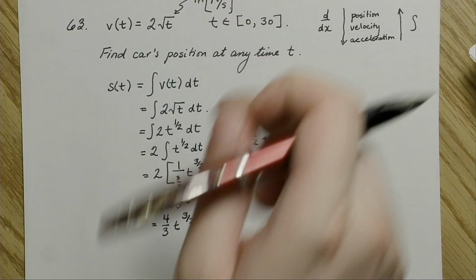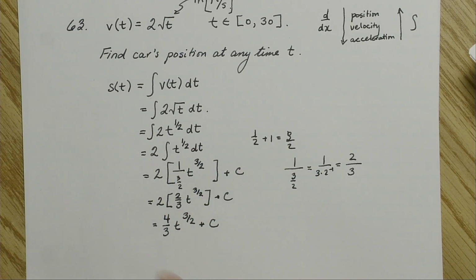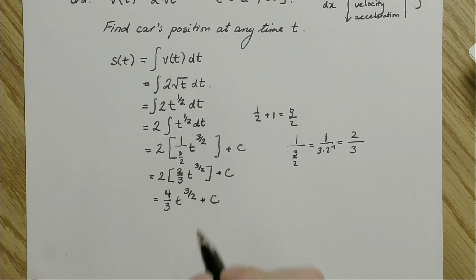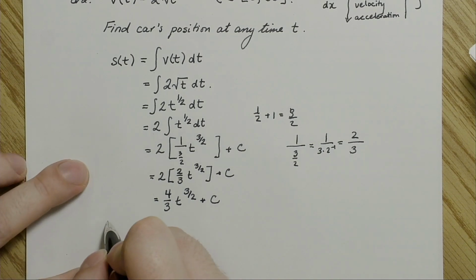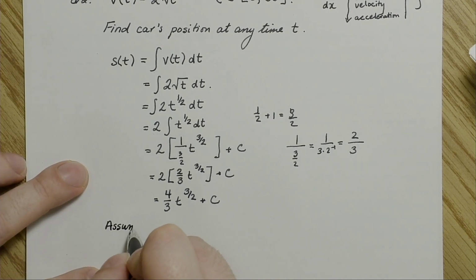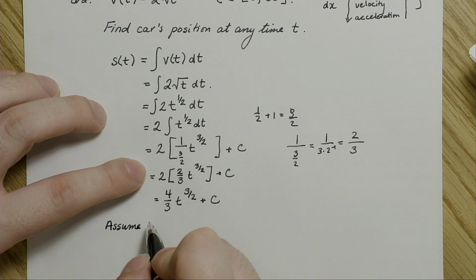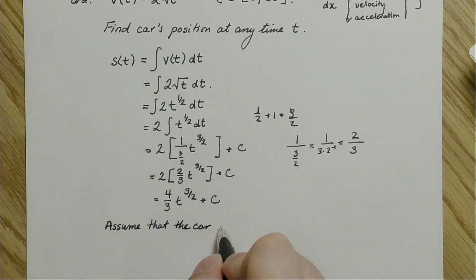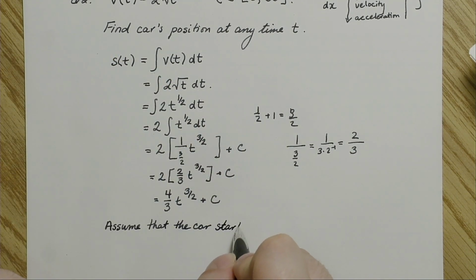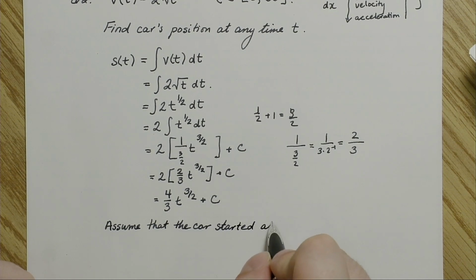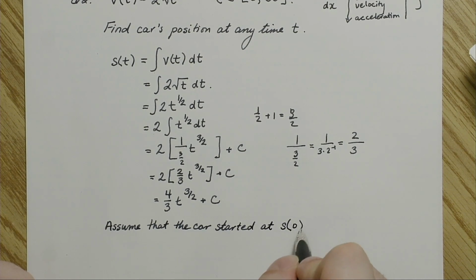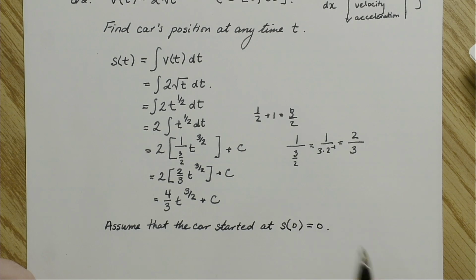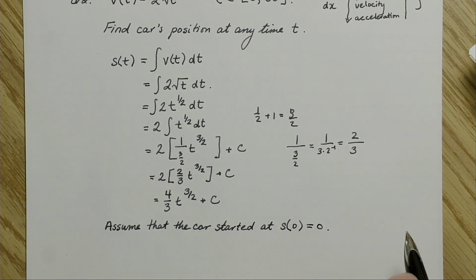So for this question, I'm just going to say that we want to figure out what C was. Well, we can assume that the car started at the position time equals 0 is equal to 0. So it's some origin or reference point.